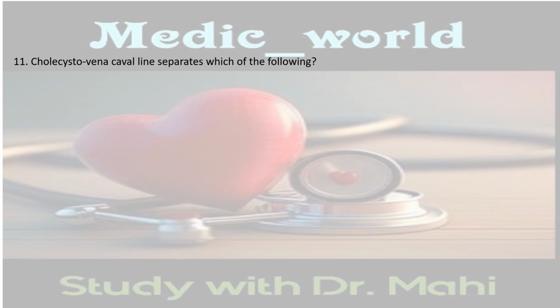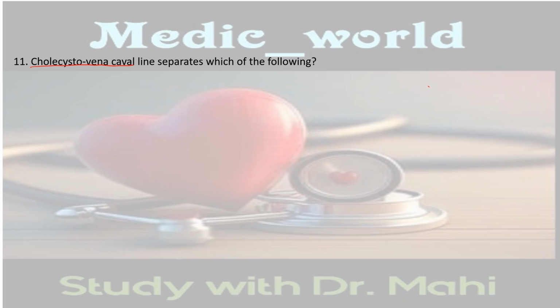Cholecystosvena line separates which of the following? We all know the cholecystosvena line is also known as the Cantlie line. It is an imaginary line that divides the liver into two planes. It starts from the cholecysto, meaning gallbladder.